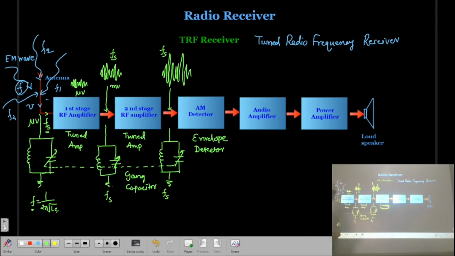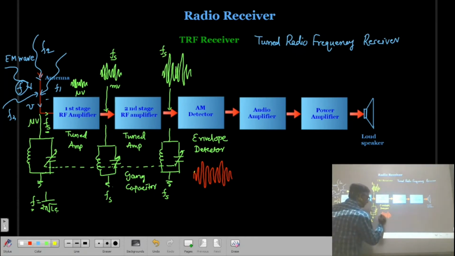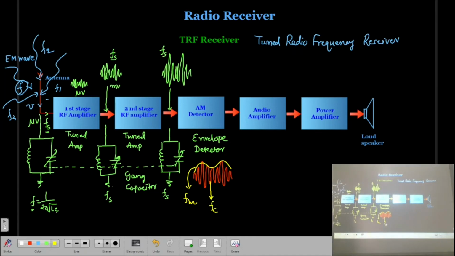Already we have discussed in the demodulation circuit that if you have an electromagnetic modulated wave, then where is your information? Information is on the envelope. This is my information, or you can say it is the modulating frequency, and inside, whatever frequency we have, that is the carrier frequency.